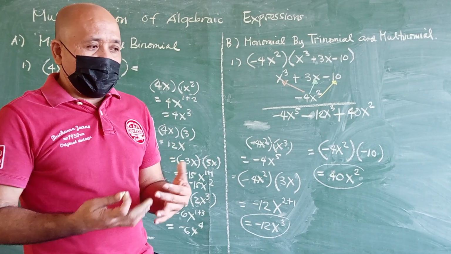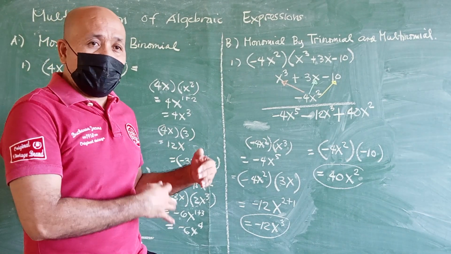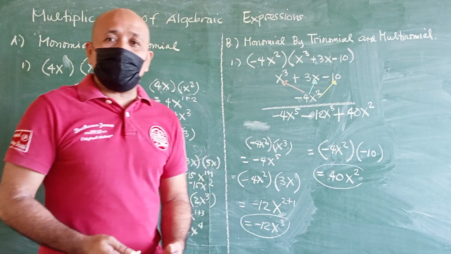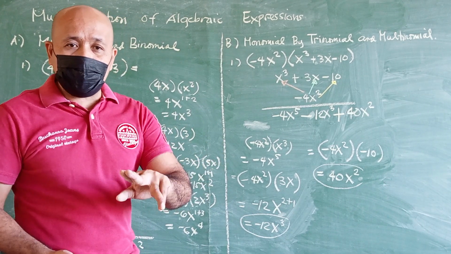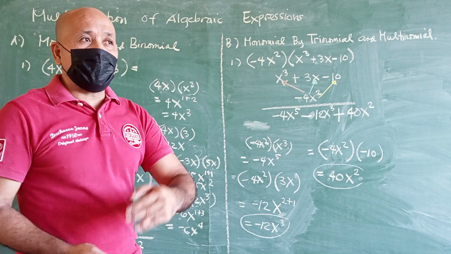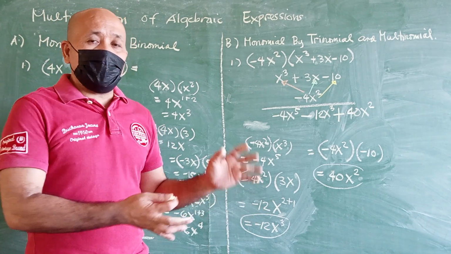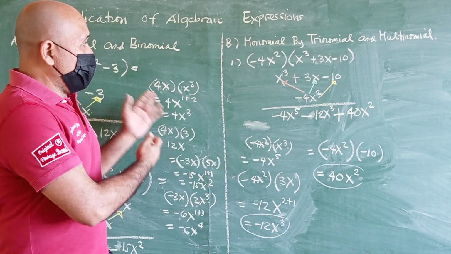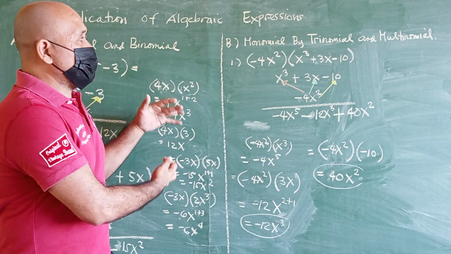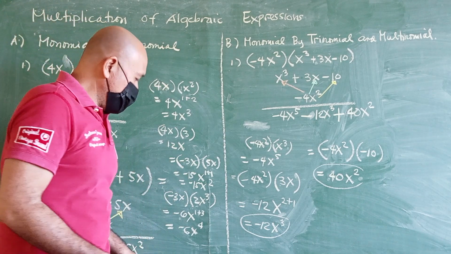As you can see, I am presenting this review discussion step by step, beginning with the basic part of the multiplication, which is the multiplication of variables and constants, variables and variables, until it becomes multiplication of monomials, because those ideas you can use when we reach this part of the multiplication of algebraic expressions.